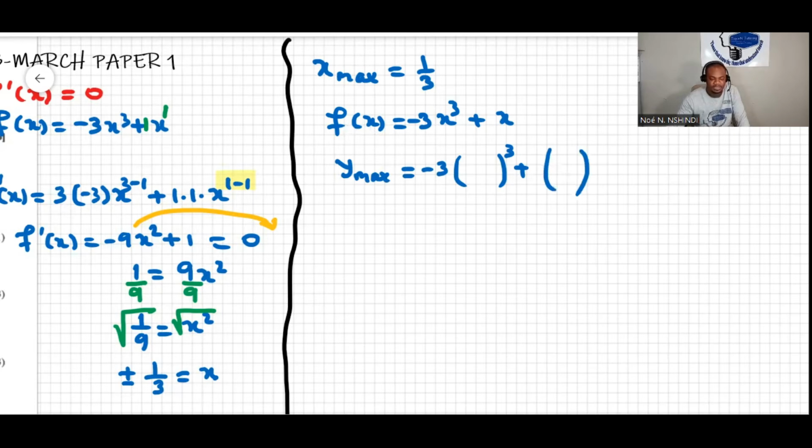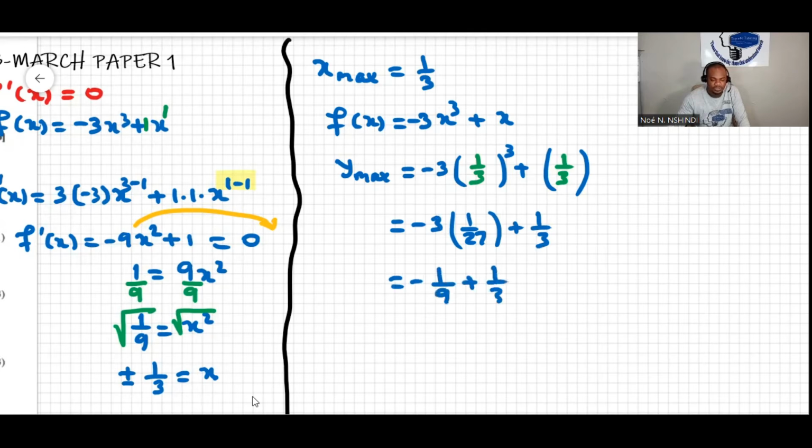So y max will be negative 3 times 1 over 3 to the power of 3, which is 1 over 27, plus 1 over 3. This equals negative 1 over 9 plus 1 over 3.